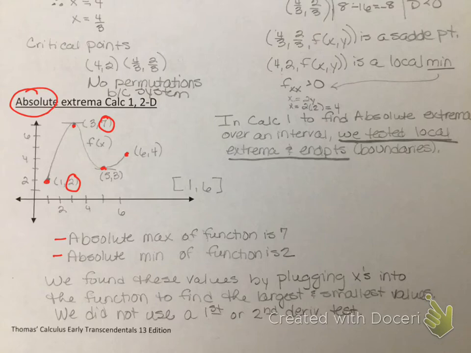We would find these without a graph by plugging the x values of local extrema and endpoints of the domain into my original function to figure out the largest and the smallest y values. We did not use a first or second derivative test.